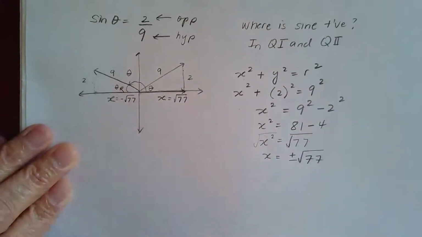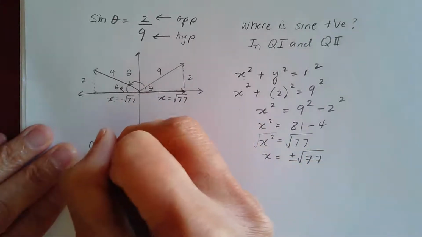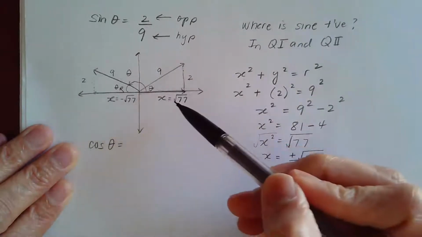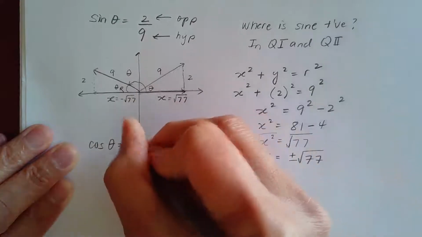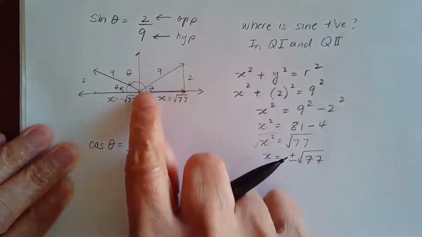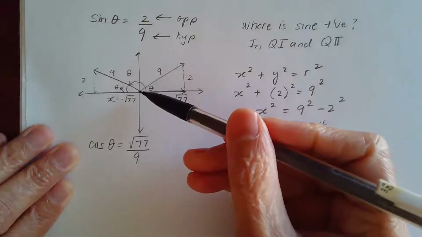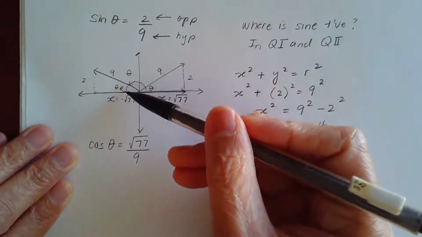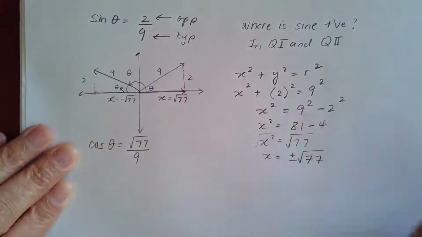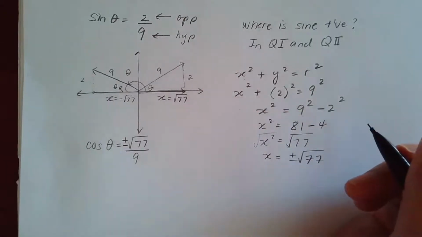We already have the sine. Sine is opposite over hypotenuse, which is 2 over 9. Cosine of theta is equal to adjacent over hypotenuse, so it's going to be positive root 77 over 9. But it could also be negative root of 77 over 9. So this is going to be plus or minus root of 77 over 9.